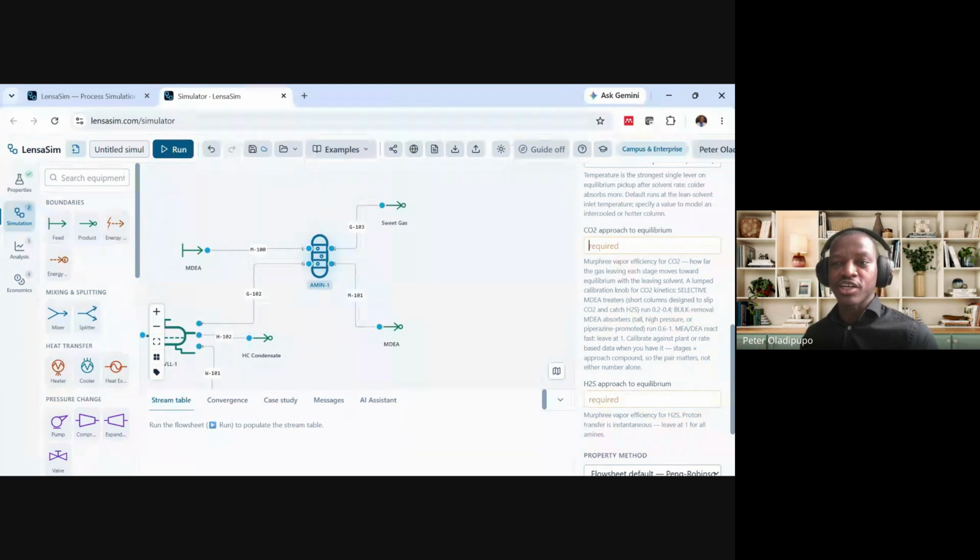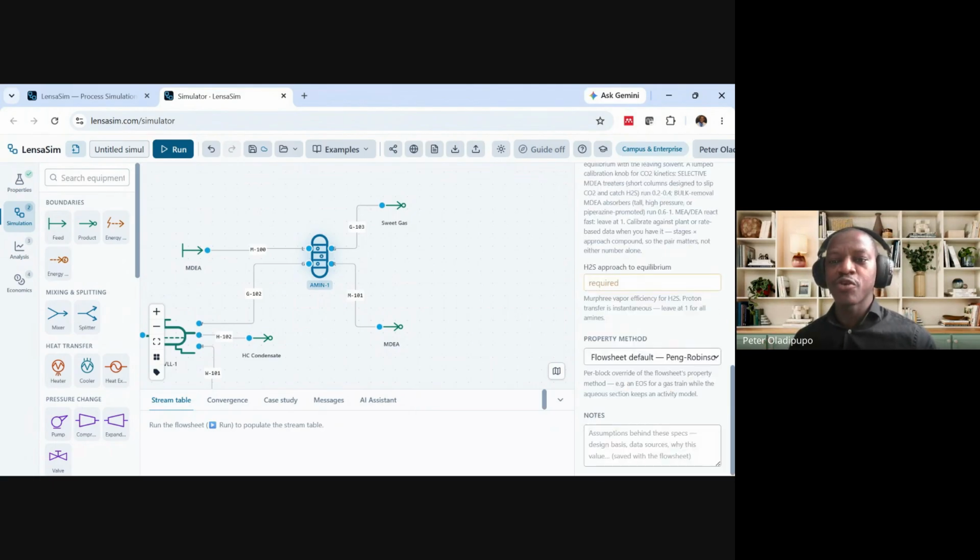That is, no further split can happen in that stage. So that's if we specify an approach of 1. For CO2, it's typically from 0.2 to 0.4. Because then we are saying that 25% of CO2 in that stage approaches equilibrium before going to the next stage. Okay, so 0.25 for CO2 approach to equilibrium. And for H2S, 1 is recommended.